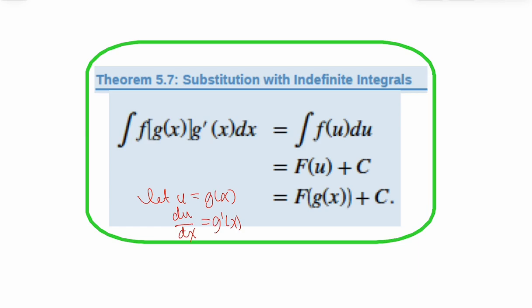So what we get is we can get this dx and g prime of x out of the problem. We can get this out of the problem and make it a much simpler thing.